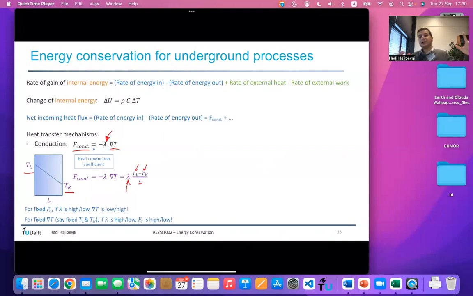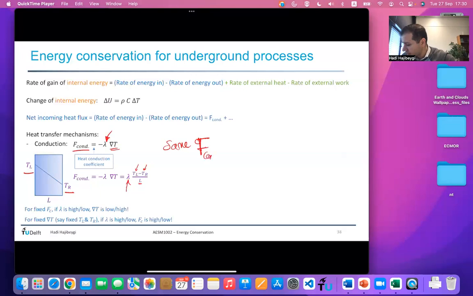If we have the same heat flux, if lambda is high, the delta T, T left minus T right, will be small because the multiplication with lambda should give you the same Q. If lambda is small, you will see a lot of difference between left and right.